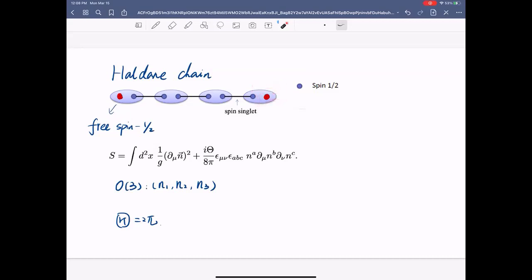This is known as the spinon zero mode at a boundary. The understanding of the Haldane chain was developed by the topological nonlinear sigma model with an O(3) theta term. In the Haldane chain, theta flows to a stable fixed point where theta equals 2 pi.